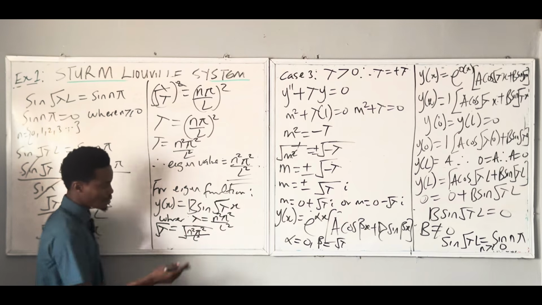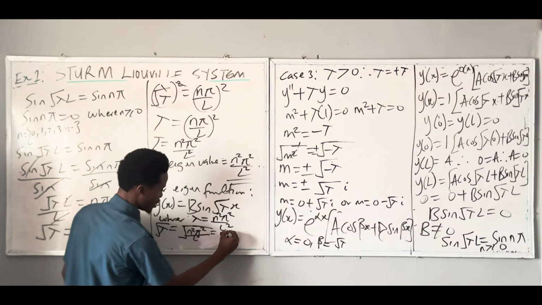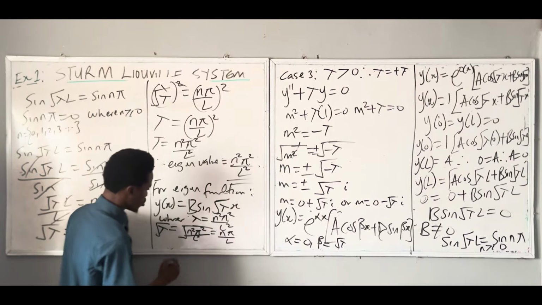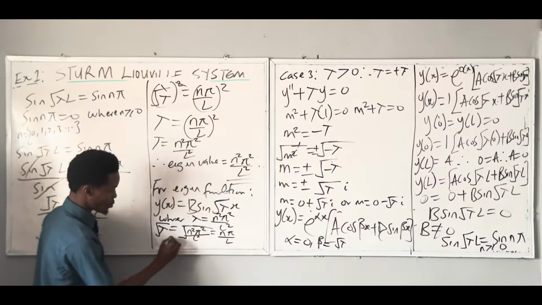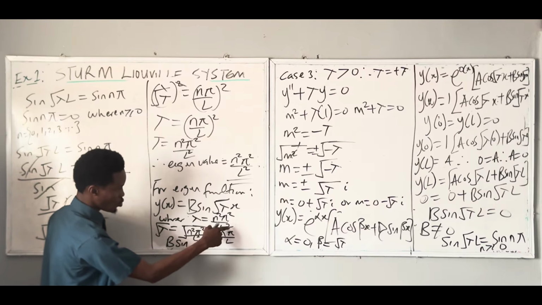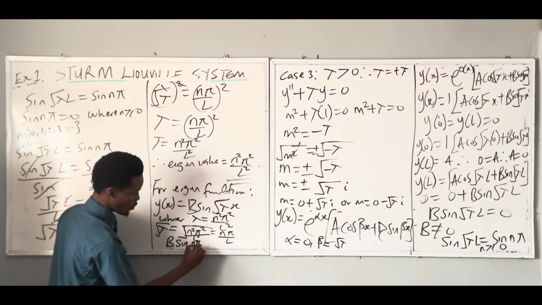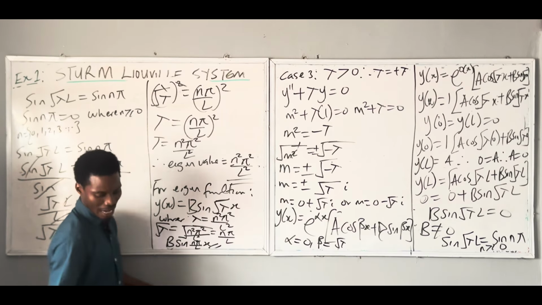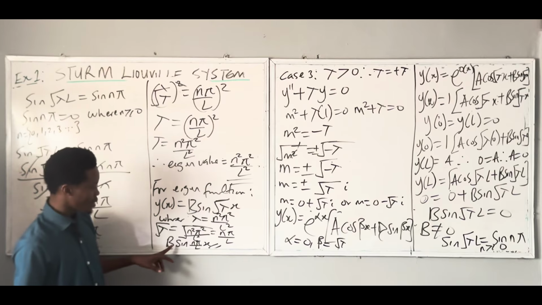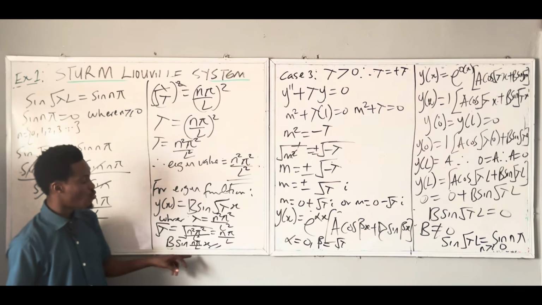The square root of everything will give me n pi all over l. So my eigenfunction will now be B sine, and my root lambda will now be n pi over l x. So my eigenfunction is B sine n pi over l x.